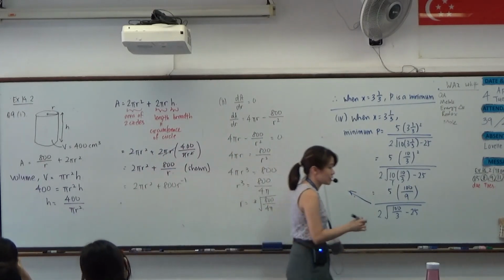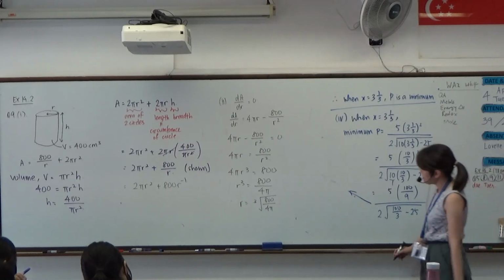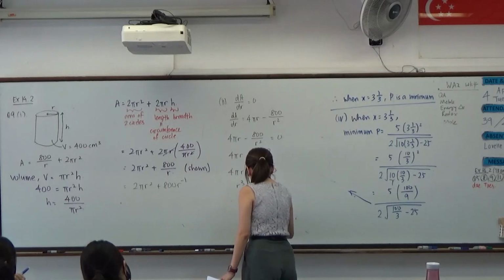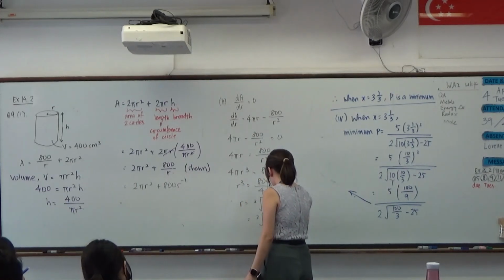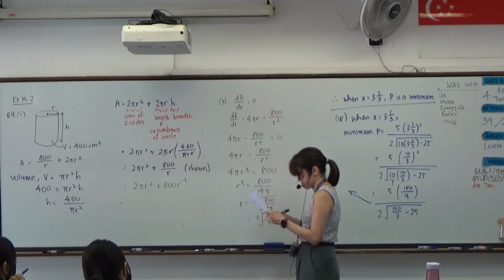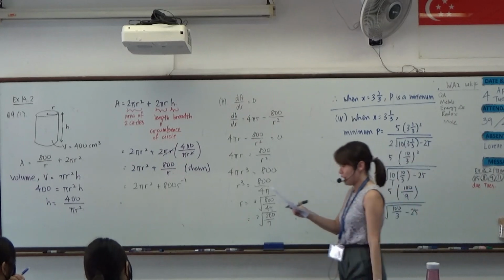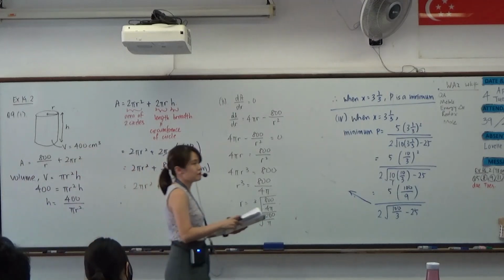R will be equal to the cube root of 800 over 4 pi. You can simplify 800 over 4 pi to 200 over pi. So the value of R will be equal to that if you leave it in exact form. You may leave it in decimal if you want to.